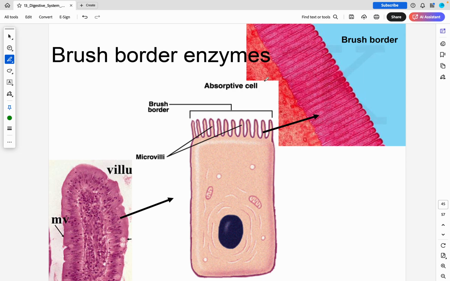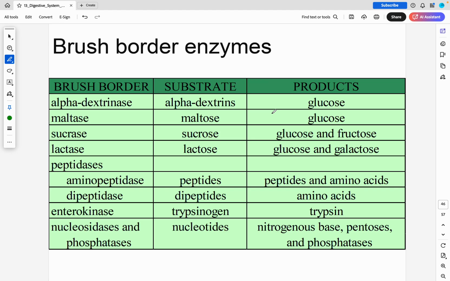As an absorptive cell, this brush border appearance by the microvilli provides more surface area than what is physically seen on gross observation. The microvilli associated with each villus increase the surface area of the absorptive cells, allowing for efficient absorption of broken down chemical nutrients.